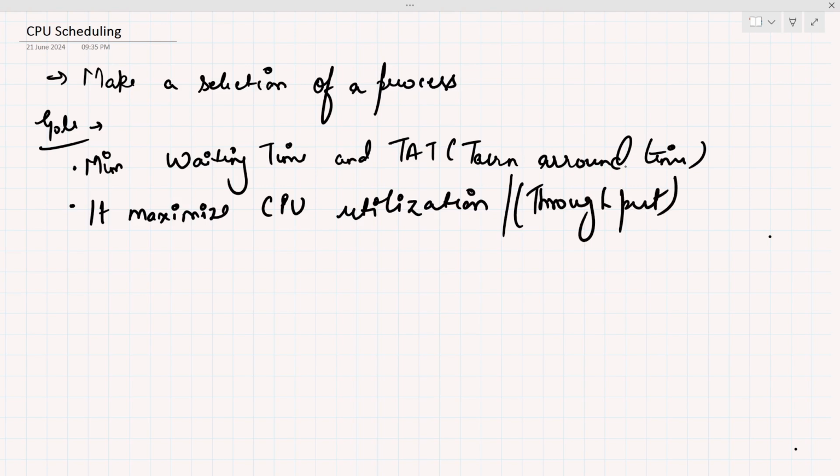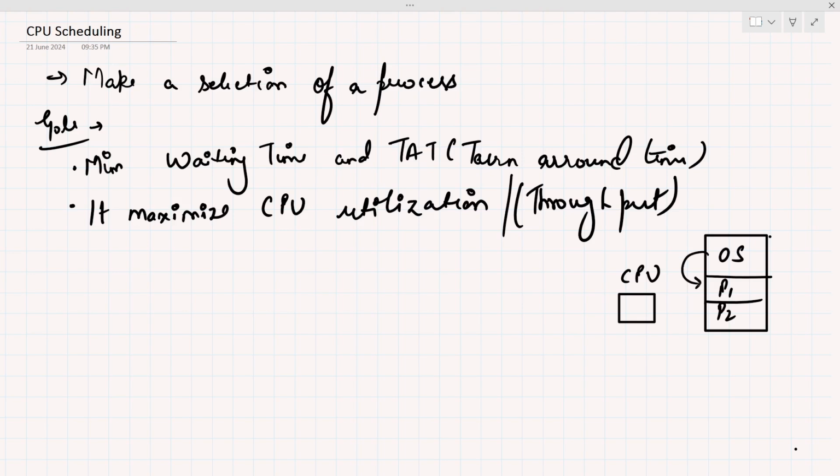This means that the CPU should not become idle for even a minimum time. Let's say we have a CPU, processes P1 and P2, and an operating system. The CPU scheduler schedules P1 to the CPU, and the CPU is executing the P1 program.